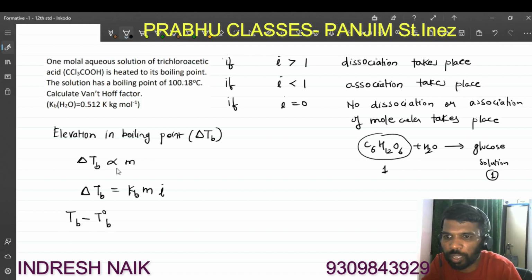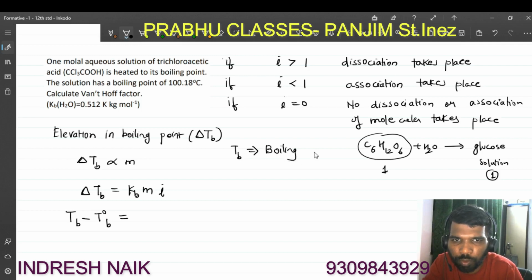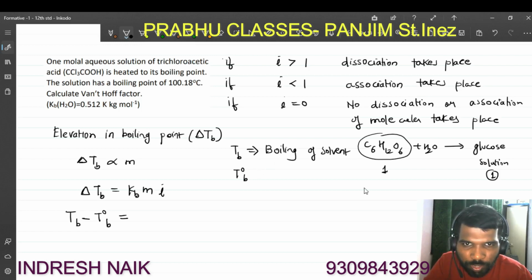T naught b is the boiling point of the solvent, without the addition of the non-volatile solute, and Tb is the boiling point of solution.